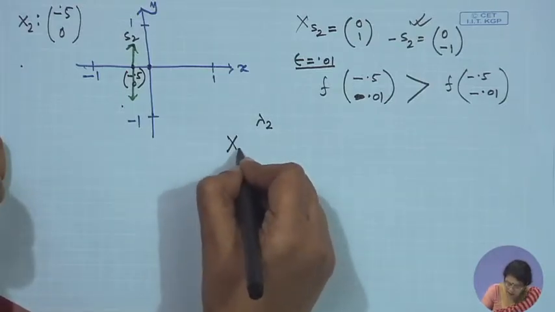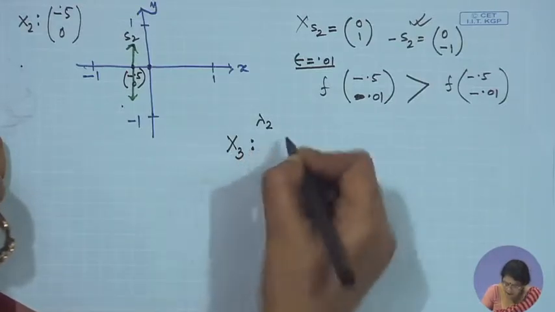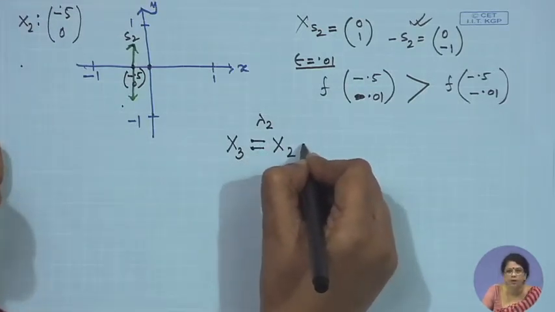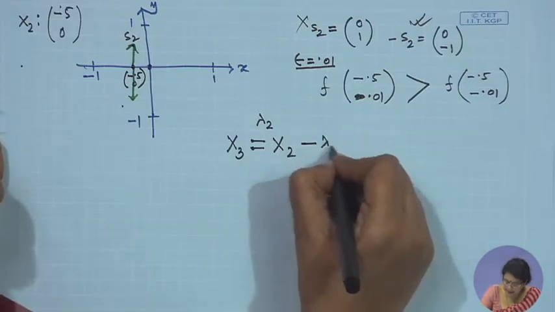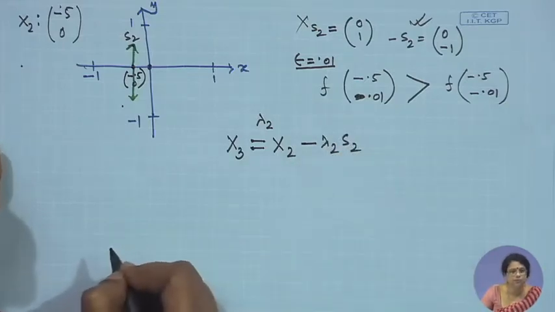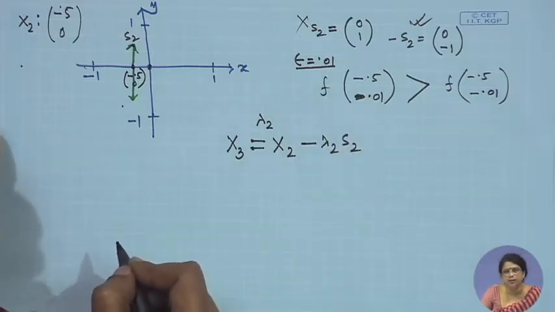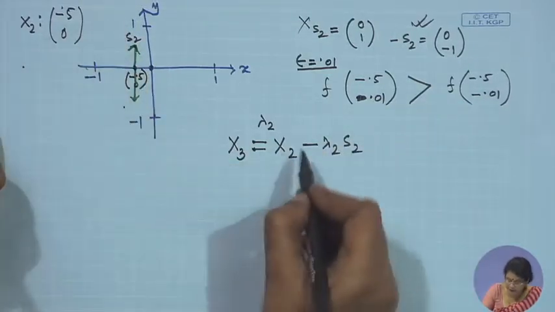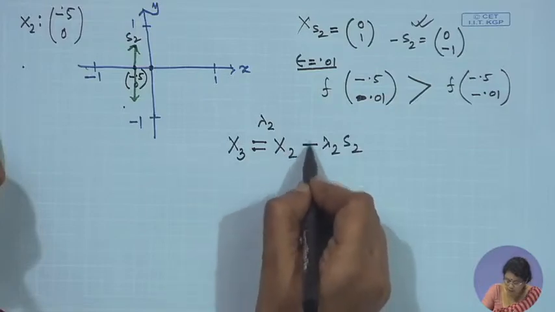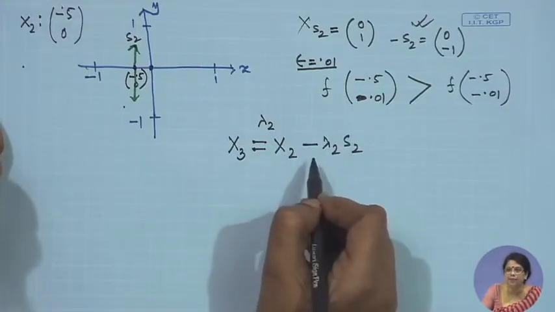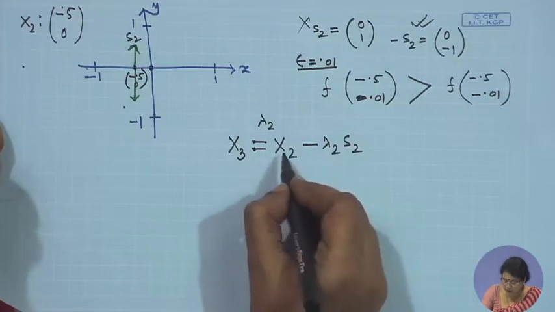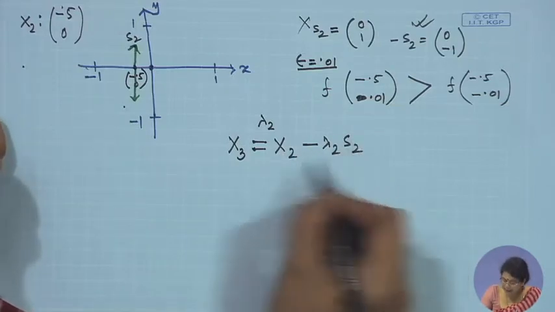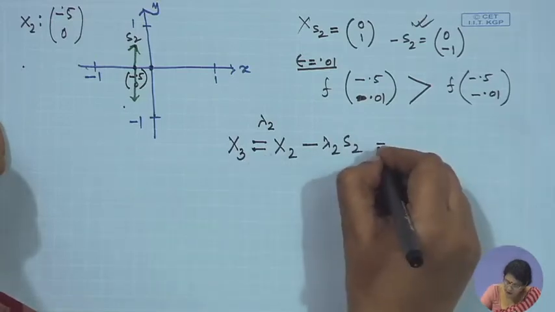We will find out the point x3, which is equal to x2 minus lambda 2 S2, all right, because if I am going in the positive direction, it should be x2 plus lambda 2 S2, but here we are considering the negative direction, that is why x2 minus lambda 2 S2. Now, what is the point coming?